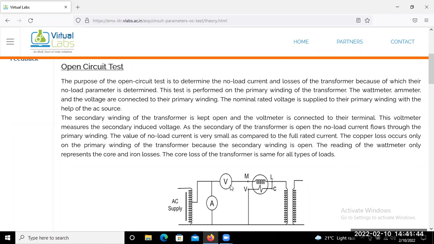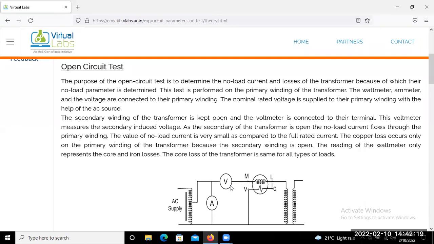But when we perform the short circuit test, it is performed at the HV side, because we know that rated current flows during that test. For the rated current, we require only 2 to 12% of the rated voltage.